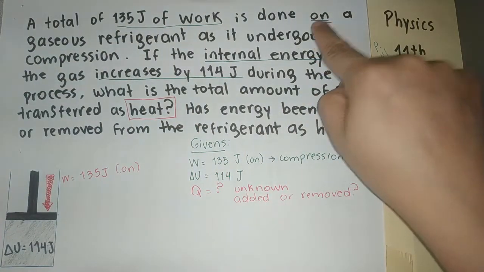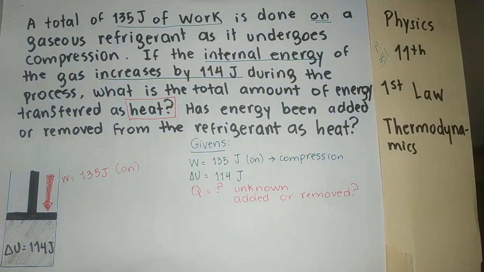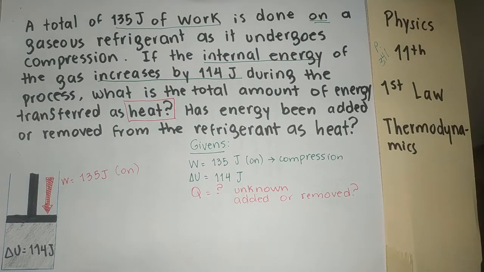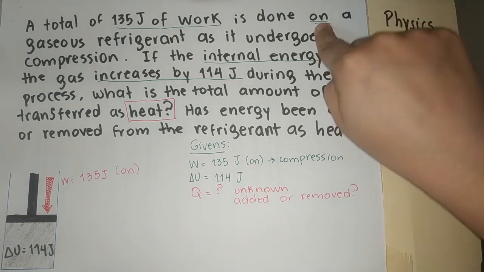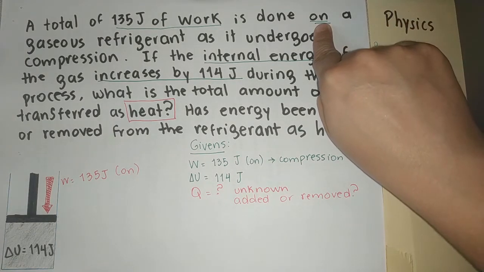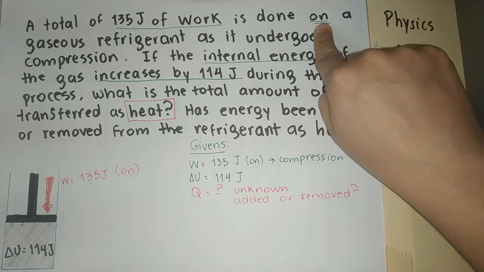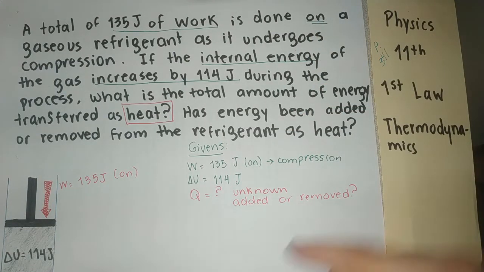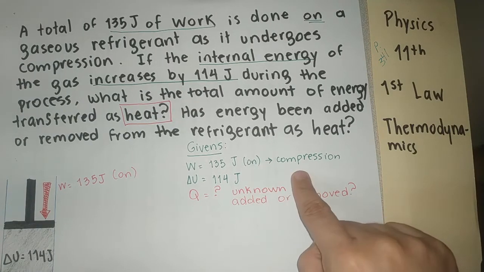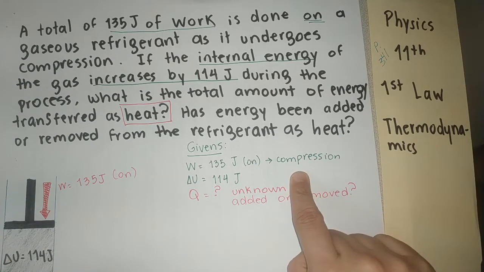And remember that keywords are very important. That work is done how? On or by the gas. The problem says the work is being done on the gaseous refrigerant. Therefore, as it is on, you know that it's going into compression.